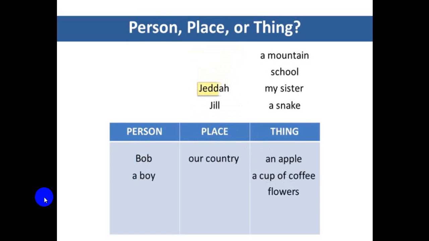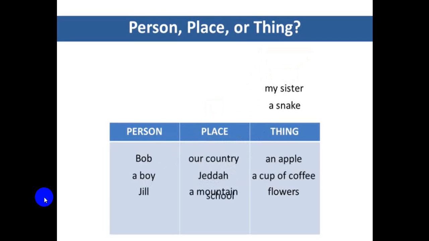Flowers are a thing. Jeddah is a place. Jill is a person. A mountain is a place. School is a place. My sister is a person. A snake is a thing.